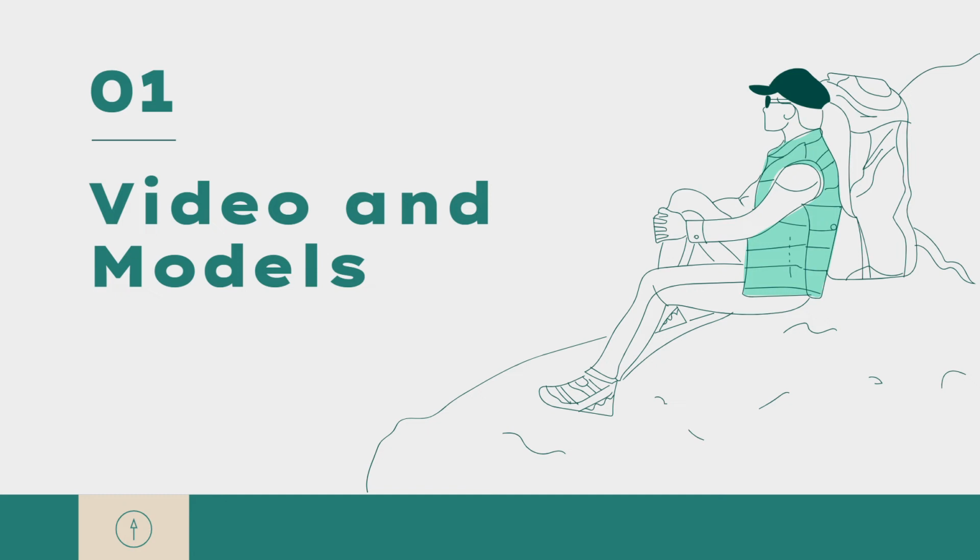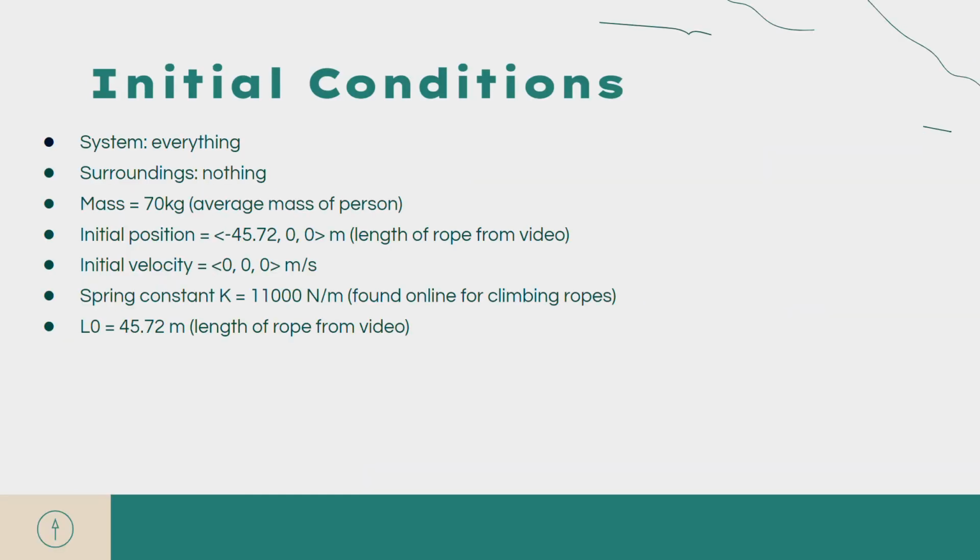So, for the models, the initial conditions: the system was everything, their surroundings were nothing. The mass was 70 kilograms because that's the average mass of a person. The initial position was negative 45.72 meters in the x position and 0 for the rest, because this is the length of the rope from the video, and this will result in an arc.